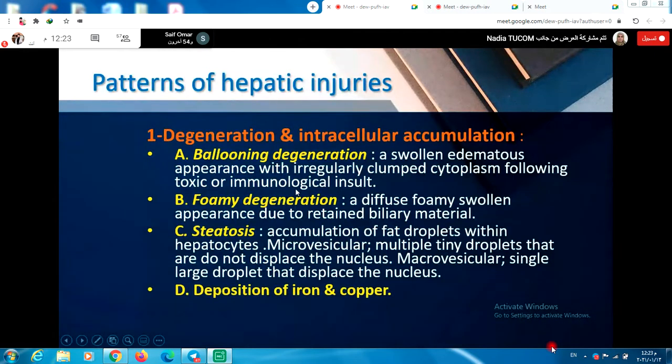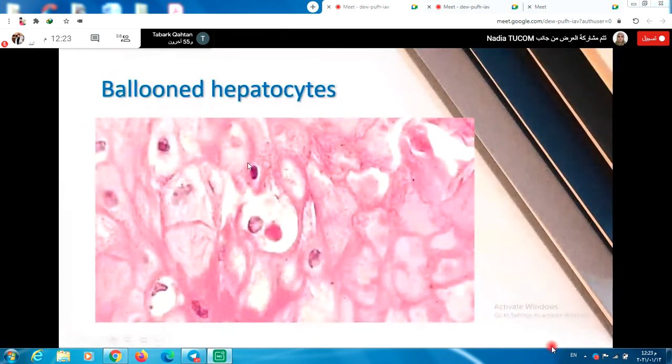Ballooning degeneration is the morphological or microscopical appearance of ballooned hepatocytes. The cells are swollen, edematous, with cytoplasmic clumping.